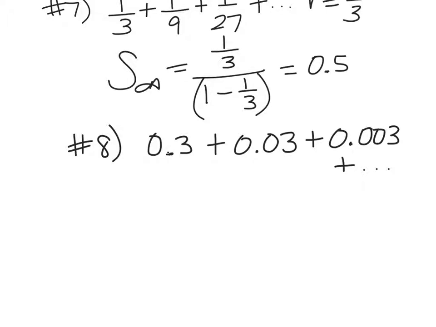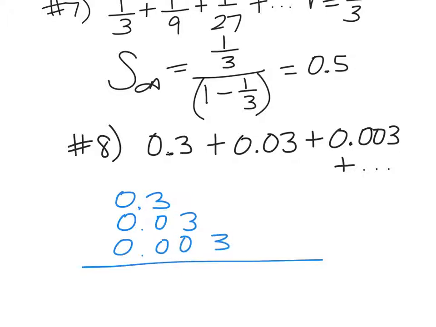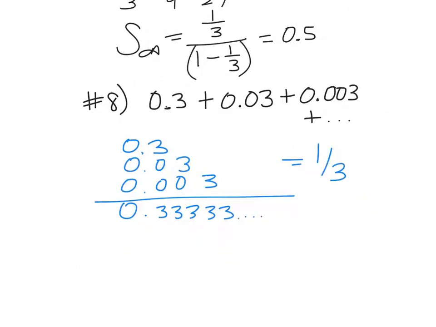If I wrote 0.3 plus 0.03 plus 0.003, and I added these, what am I getting? 0.33333. What is 0.3 repeating? 1/3. This equals 1/3.